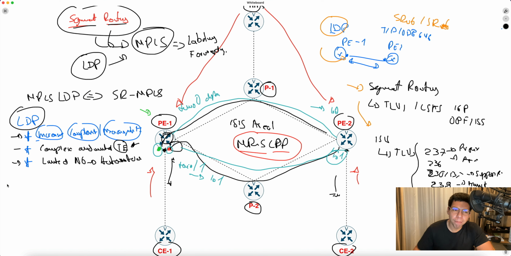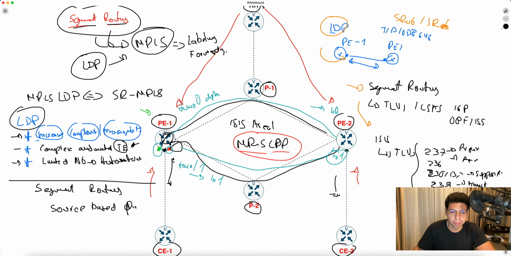And another important fact that I would like to clarify is that segment routing is also classified as a source-based paradigm, right? What does this source-based paradigm mean? It means that the traffic decision is made at the source of the packet's life, right?